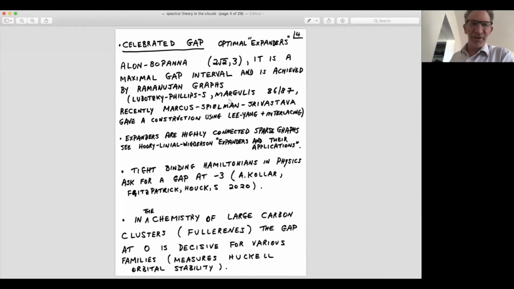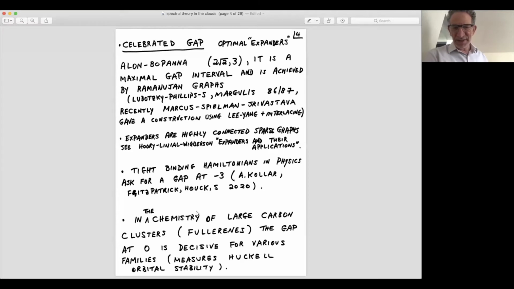And then the question of a gap at the bottom of the spectrum for our 3-regular graph became important. And I want to explain that that was understood beautifully by works of certain people that I'll show in a minute. And 3-regular graphs also come up in carbon clusters, Fullerenes as they're called. These are 3-regular graphs which are planar and which have 6 or 5 faces in the planar realization, called Fullerenes, and I'll return to that.